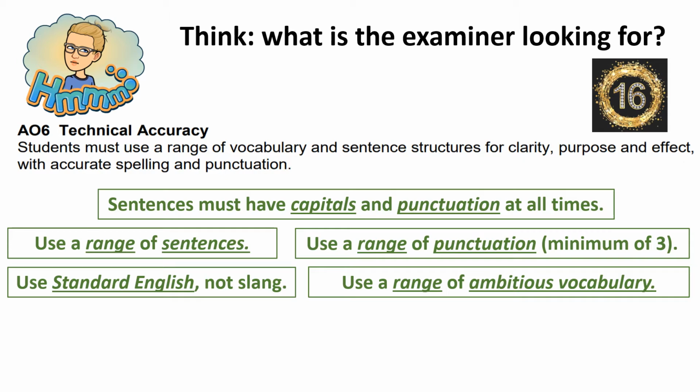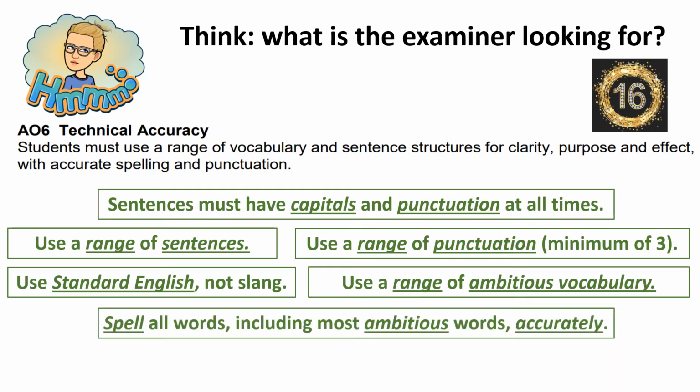Range? 3. It might be a good idea for you to now start building up 3 words that are ambitious, that you can spell right and you can use in each piece of writing you do. Because look what's next. Spell all words, including most ambitious words, accurately.